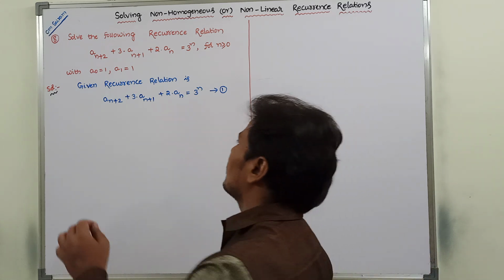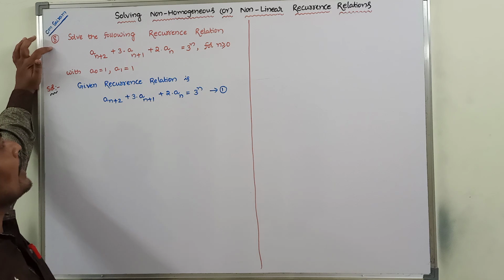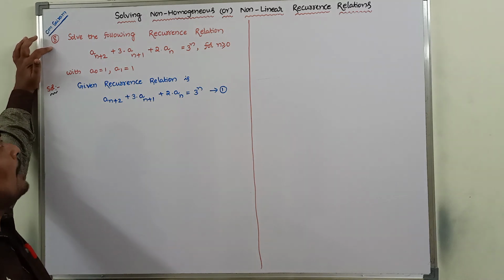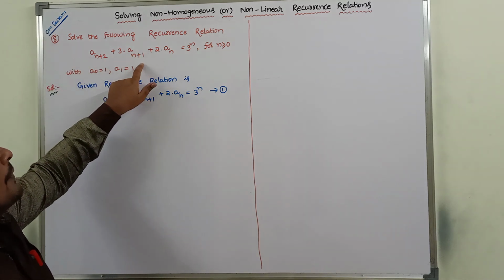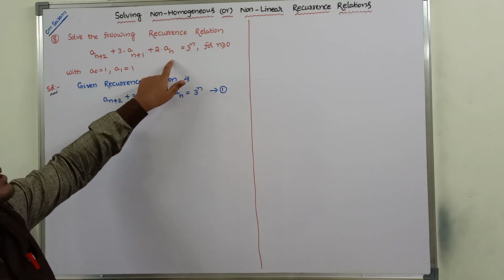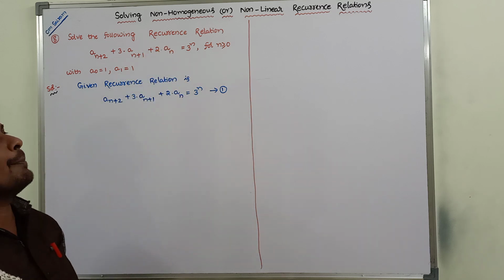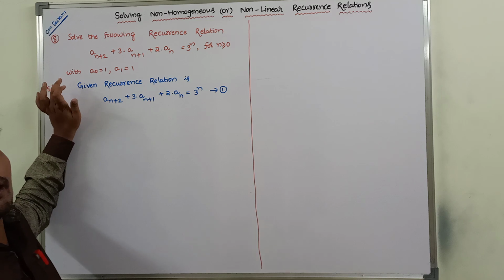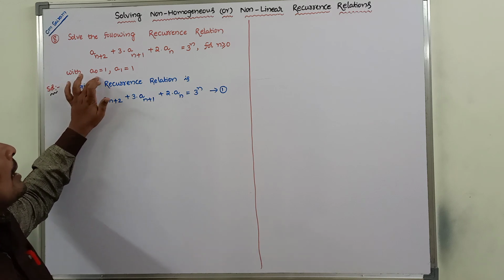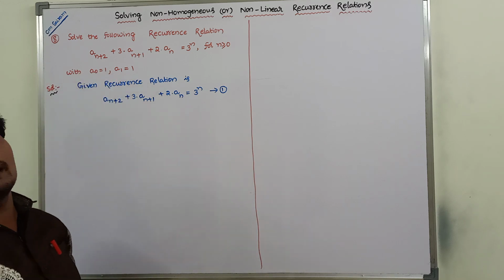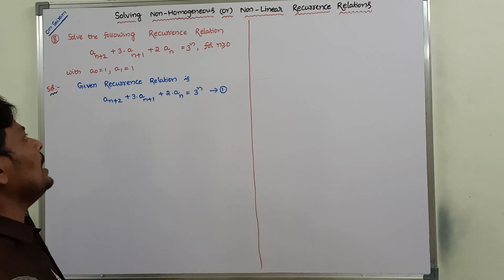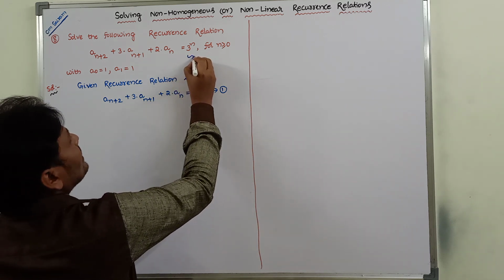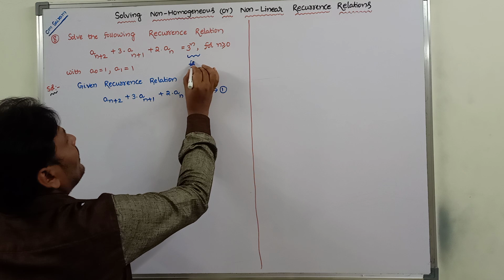relation. Solve the following recurrence relation: a suffix n plus 2 plus 3 into a suffix n plus 1 plus 2 into a suffix n is equal to 3 power n for n greater than or equal to 0, with a naught equal to 1 and a1 equal to 1. Here 3 power n is nothing but f of n.